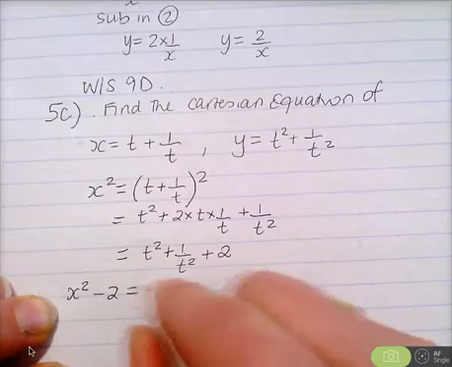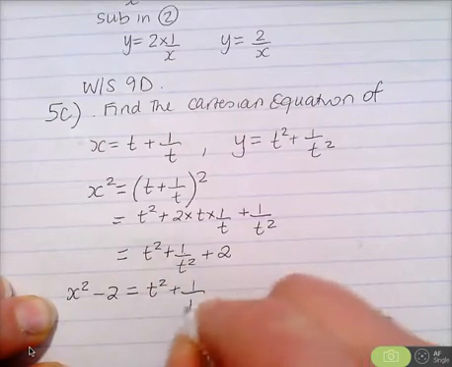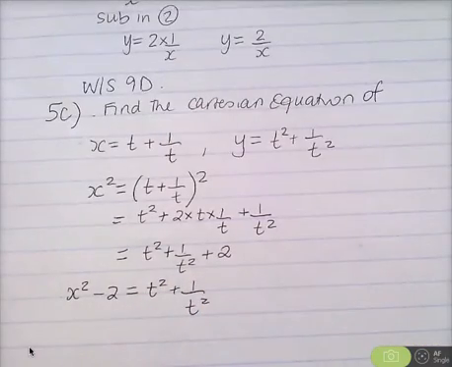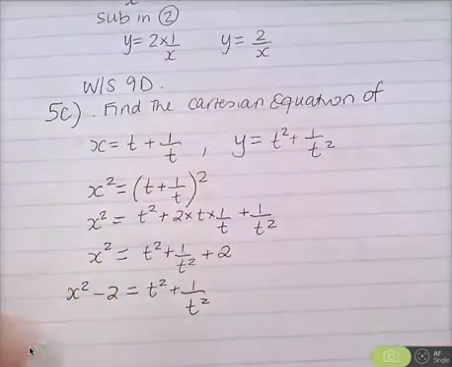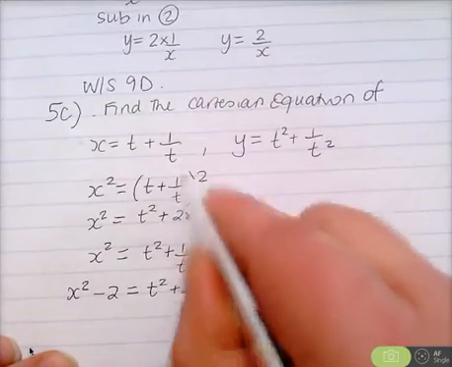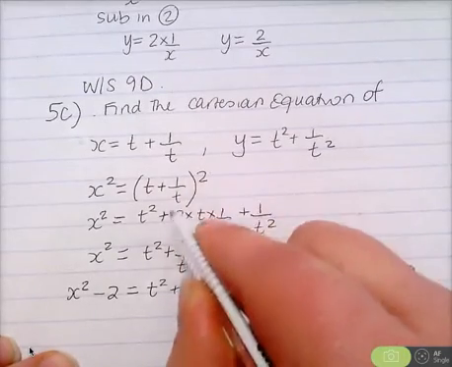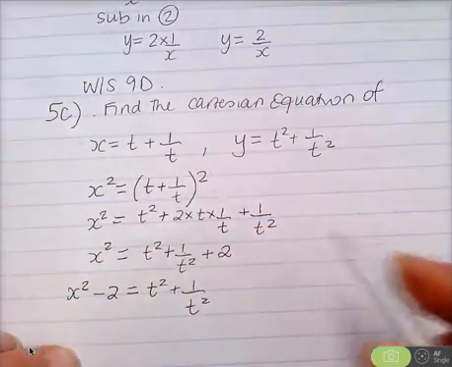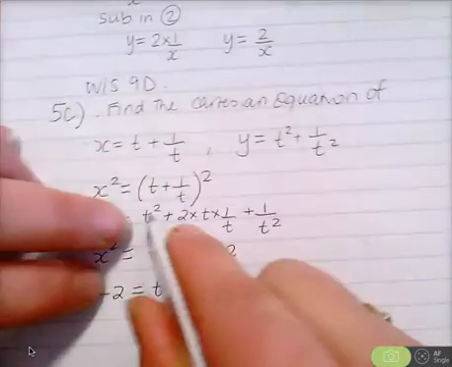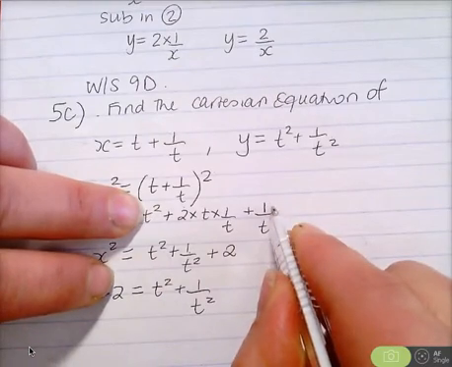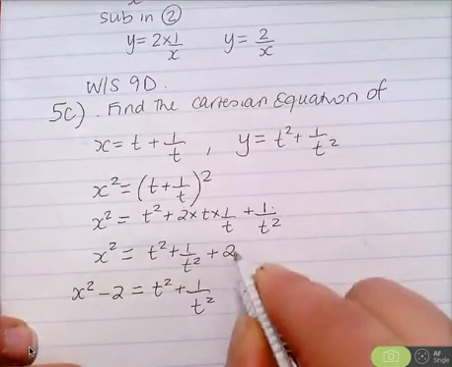X squared minus 2 is t squared plus 1 on t squared. How do you feel about that? Do you know why I did that? I did t squared plus 1 on t squared. Do you understand that? Plus 2.